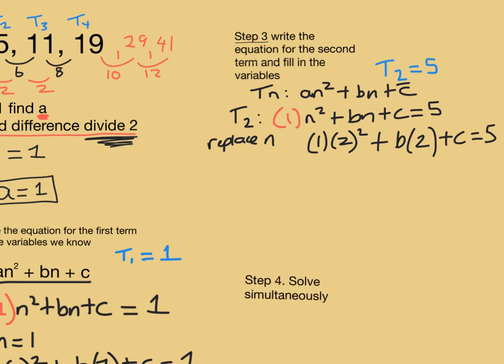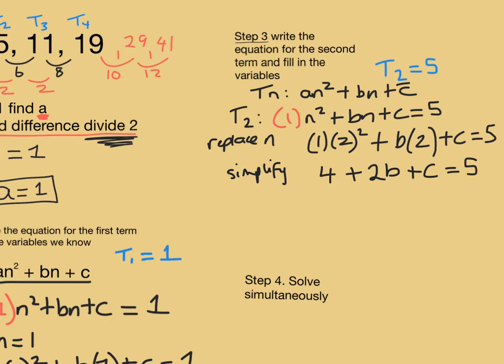Let's bring this guy down. The last step here is to simplify. Okay, so we're going to simplify. So I have 1 by 2 squared, 2 squared is 4. Plus 2 by b gives me 2b. Plus c equals 5.